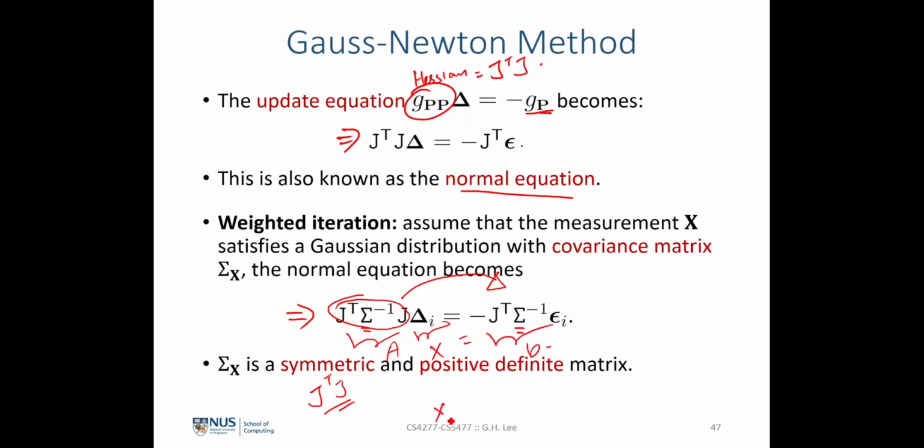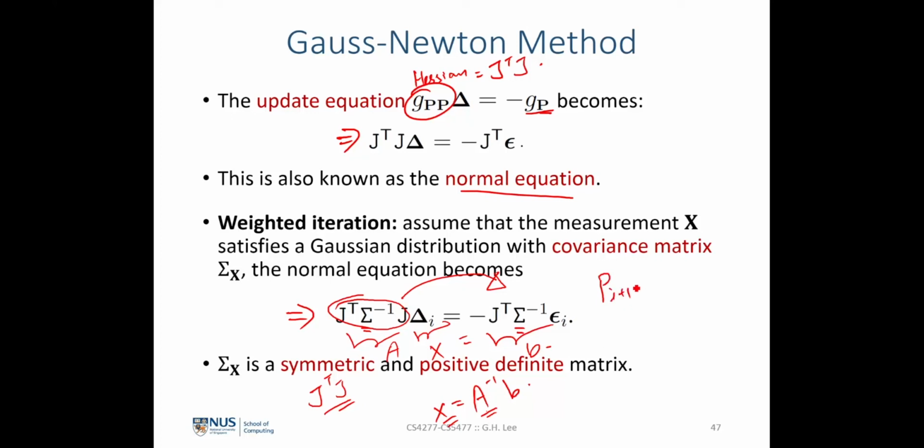So in order to solve for x, we need to be able to compute the inverse of A. And since this guy over here, which is equivalent to the A matrix, is symmetric and positive definite, this means that we can always compute the inverse of this guy to get x, which is delta over here. So once we get delta, we'll bring it back to update the p vector that we are interested in.